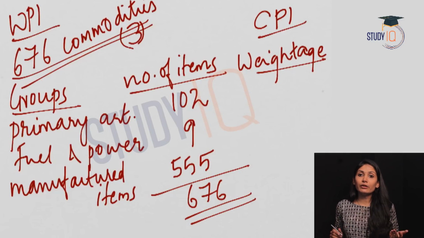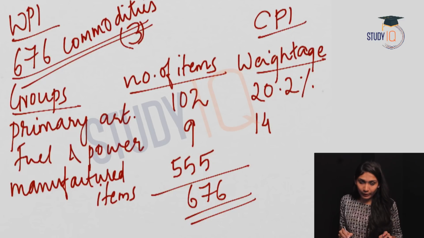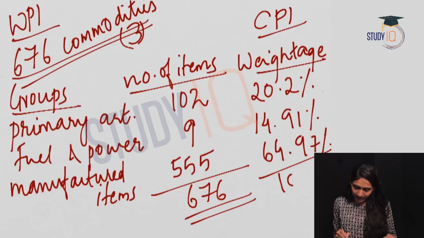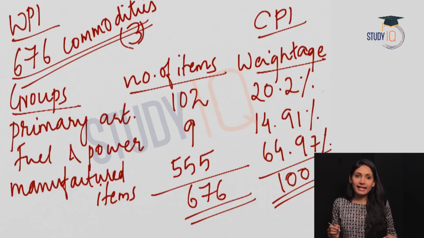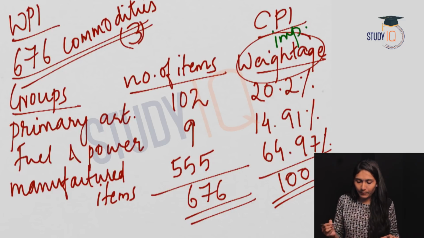And the weightage given to these commodities, let us see. Primary articles 20.2%, fuel and power 14.91%, and manufactured items 64.97%, totaling 100. So here you must understand that weightage here means importance.